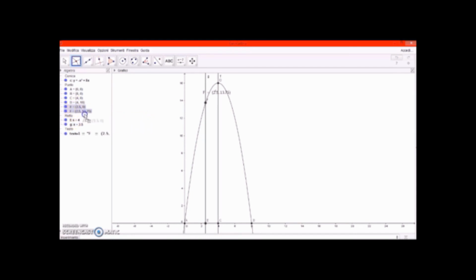Finally, we can notice that the maximum area value, which is y, that is 16, occurs when x equals 4.